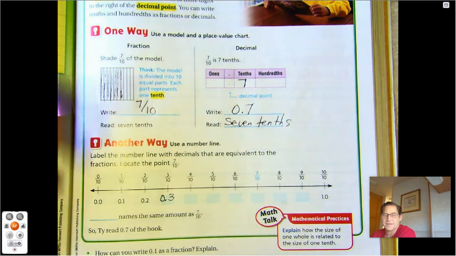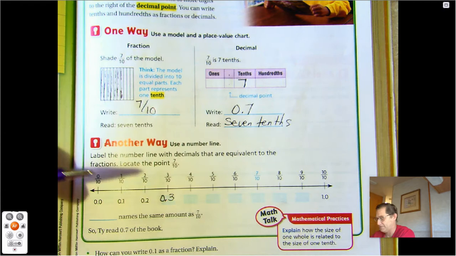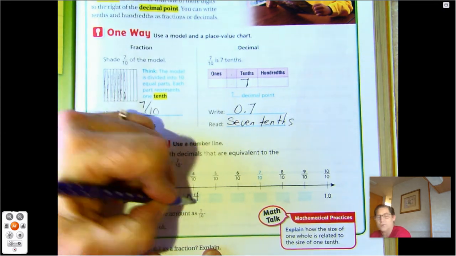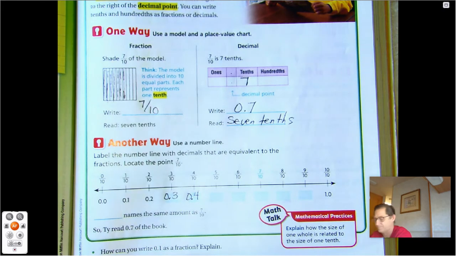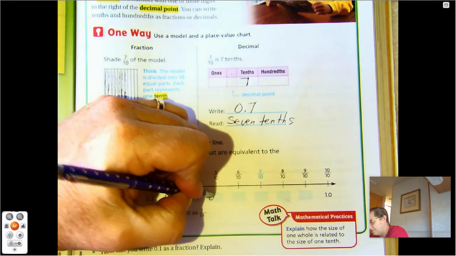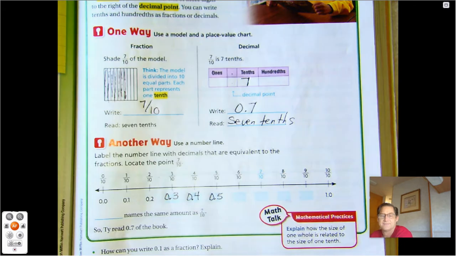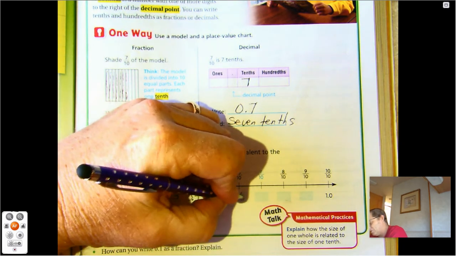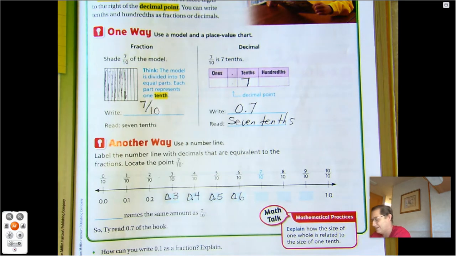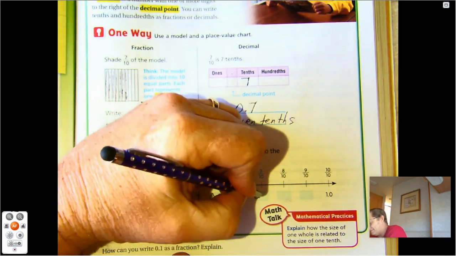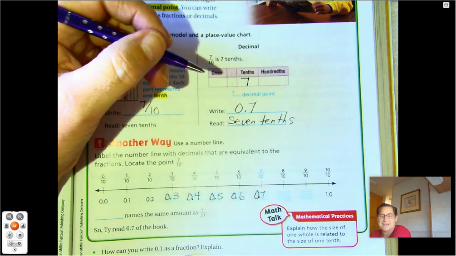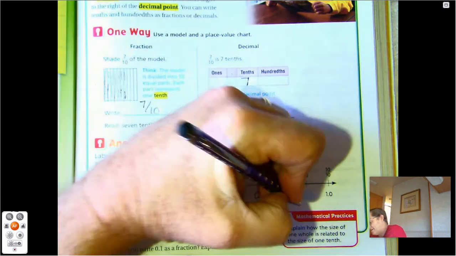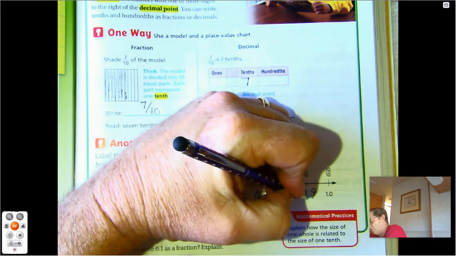All we have is 3 out of 10 parts, so 3/10. 4/10 would be written as 0.4. 5/10, 0.5. 6/10, 0.6. 7/10, 0.7. 8/10, 0.8. And 9/10, 0.9.